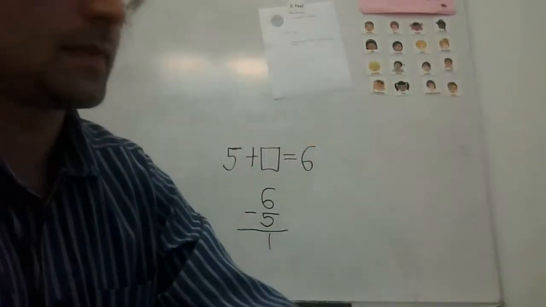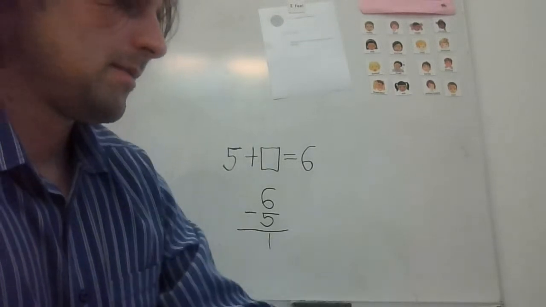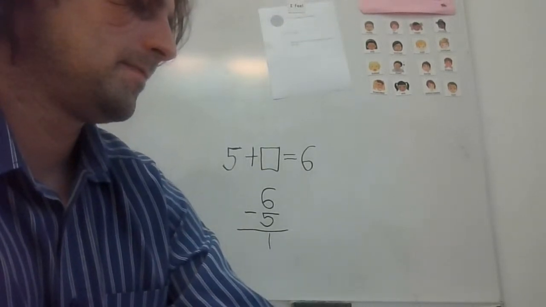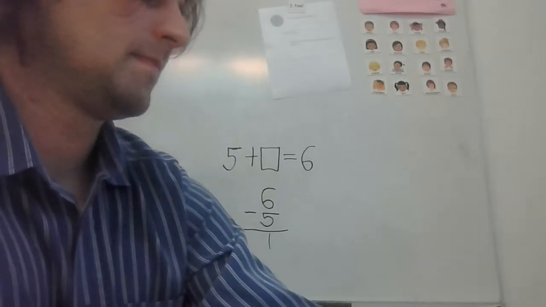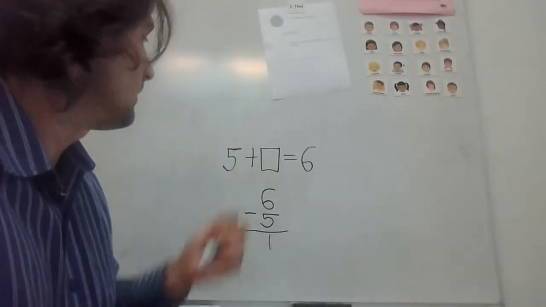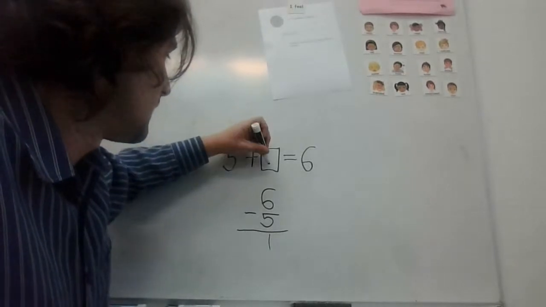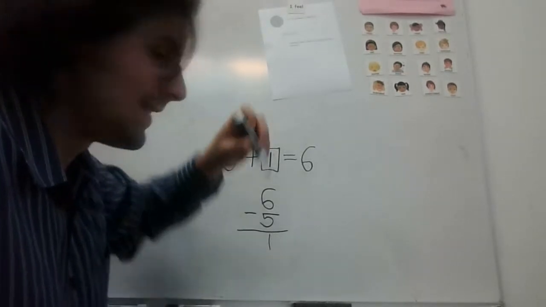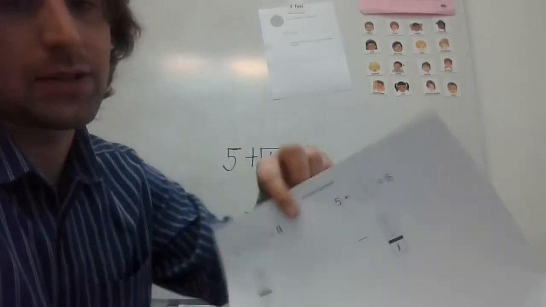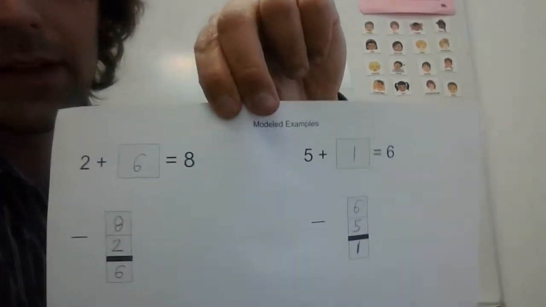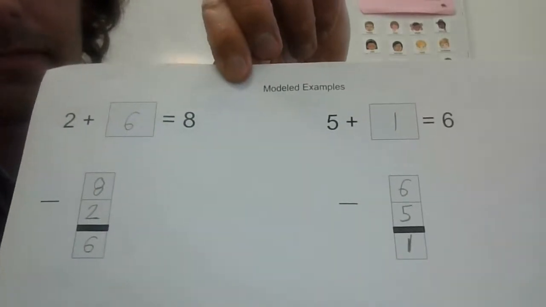There we go. So the missing number, the addend in this problem, is 1. And again, this is how it's going to look on your paper with the modeled examples.